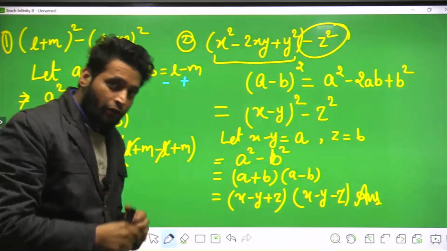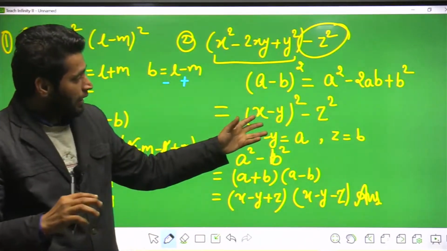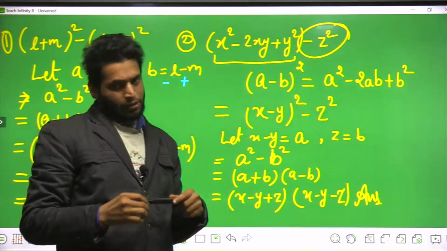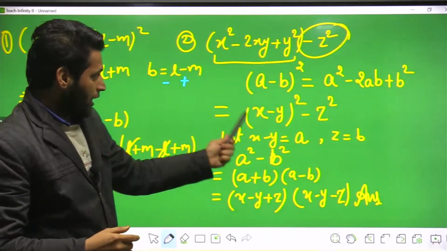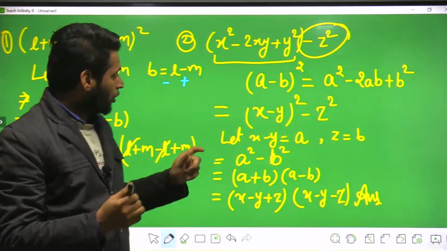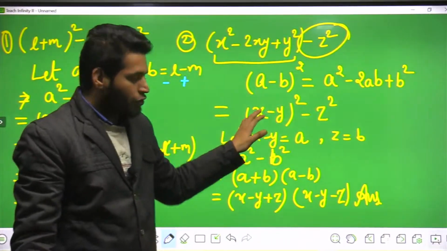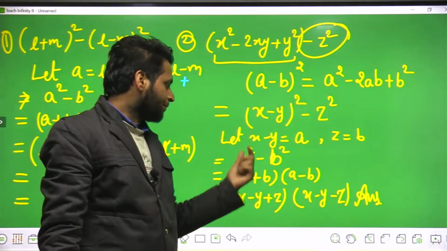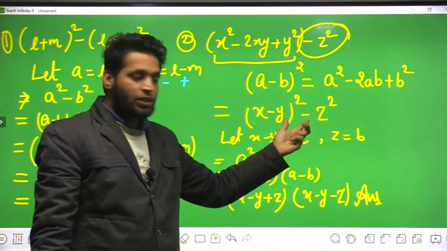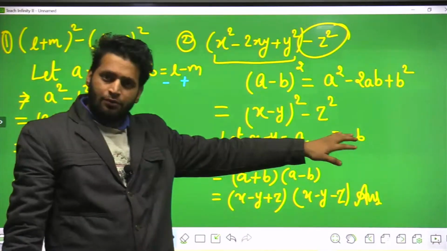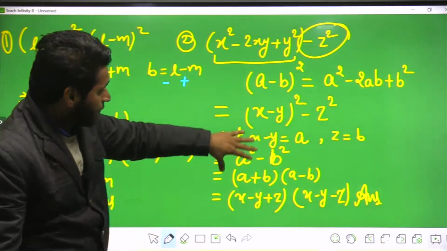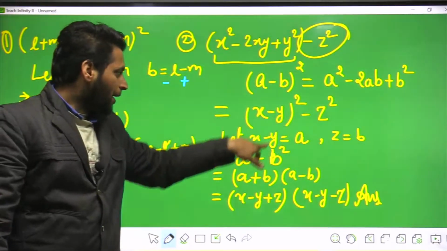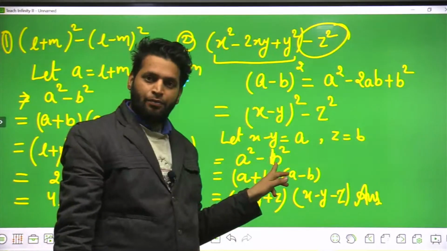Now again we can apply one more identity. Which identity can we apply? Yes, definitely a square minus b square. If we assume x minus y is a, and z is b, then first of all in the place of x minus y it will be a square minus b square.